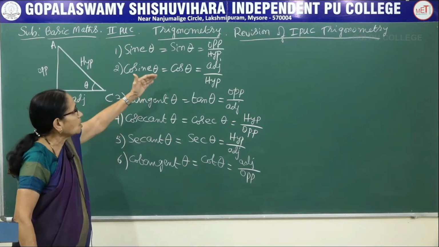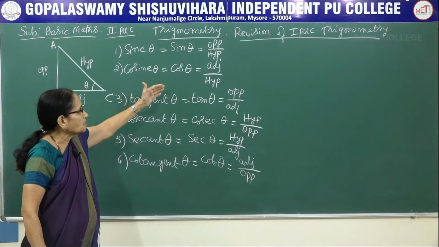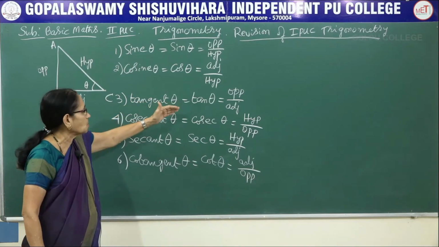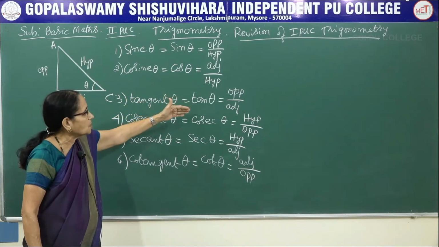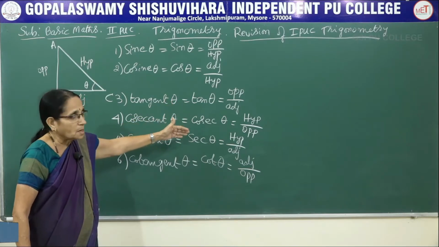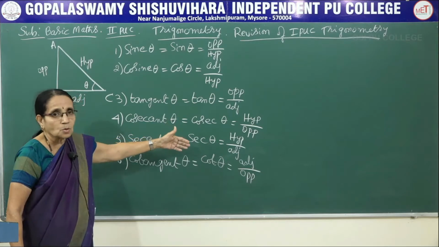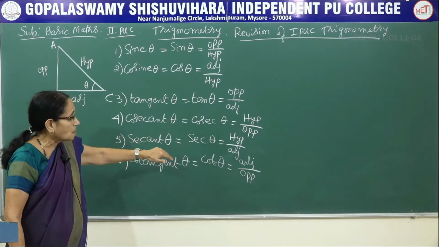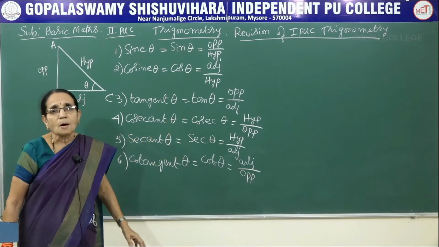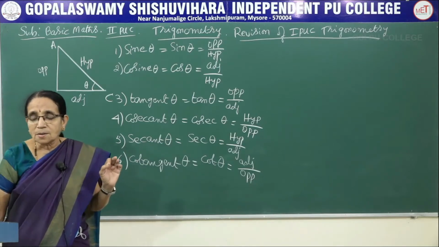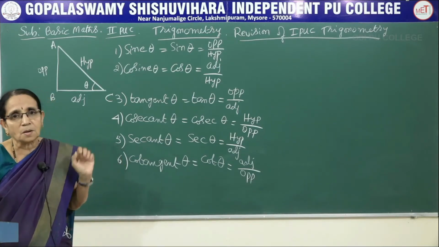Sin theta is opposite by hypotenuse, cos theta adjacent by hypotenuse, tan theta opposite over the adjacent side, cosecant theta hypotenuse over the opposite side, secant theta hypotenuse over the adjacent side, and cot theta adjacent over the opposite side.